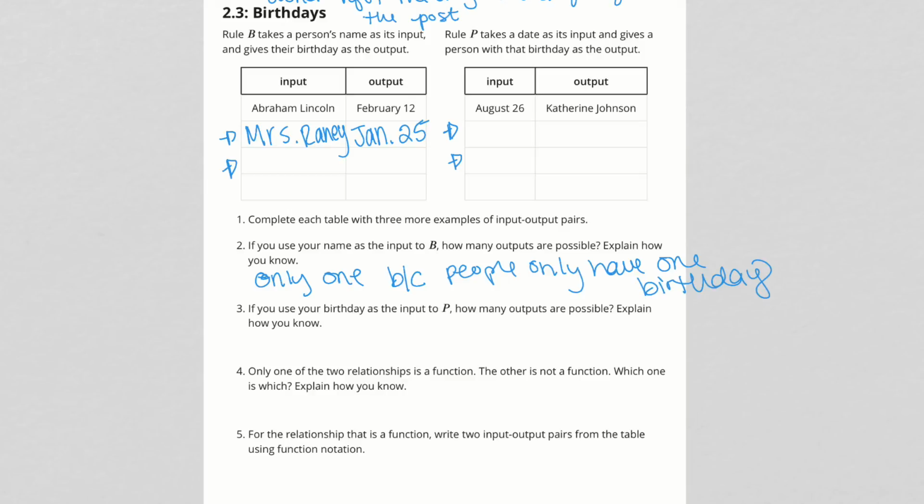If you use your birthday as the input to P, so let's say January 25th, how many outputs are possible? Could there be more than one output here? Yeah, there could be, because there are probably a lot of people that have the same birthday as me. Let me look in Google. I'm putting this in my computer for those of you on the video. January 25th.